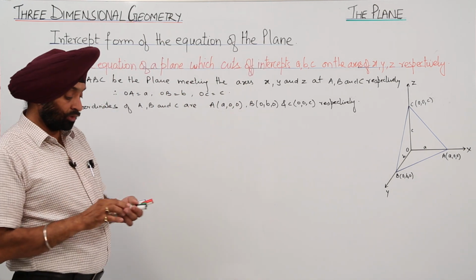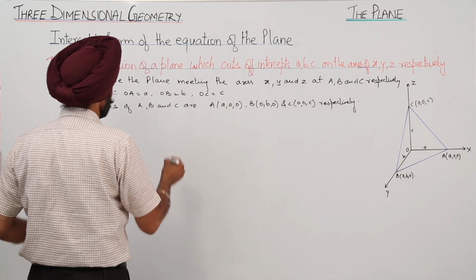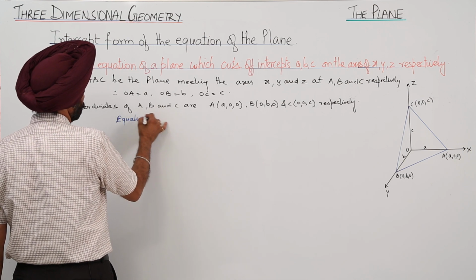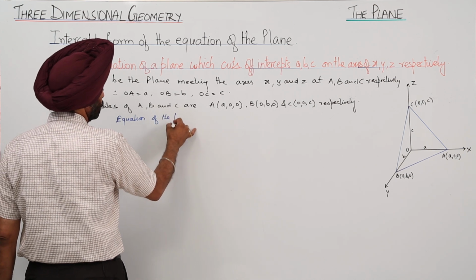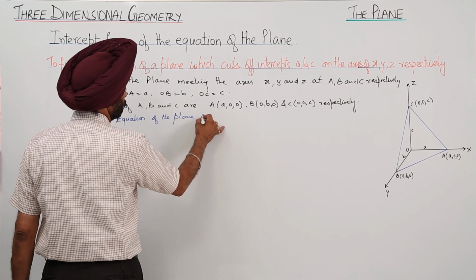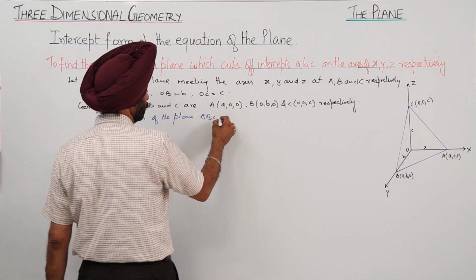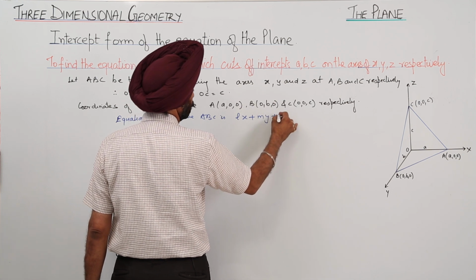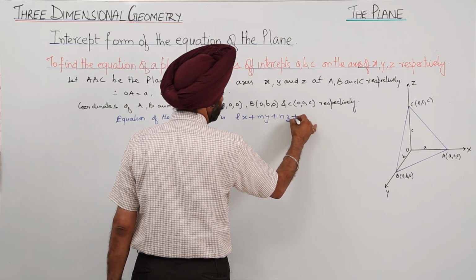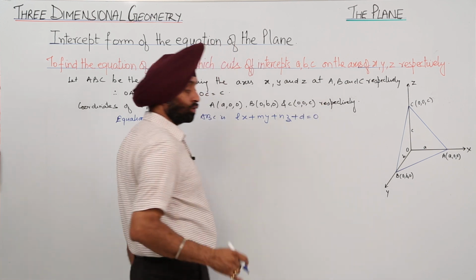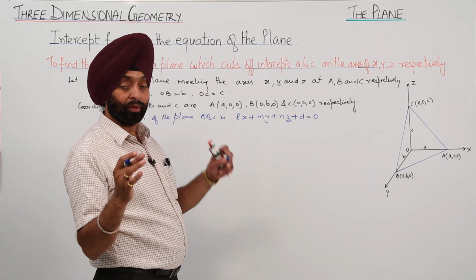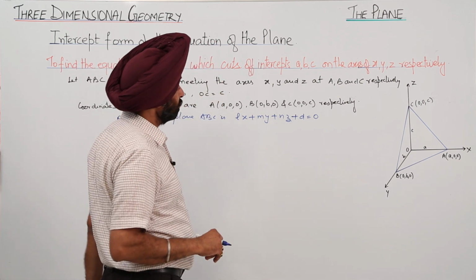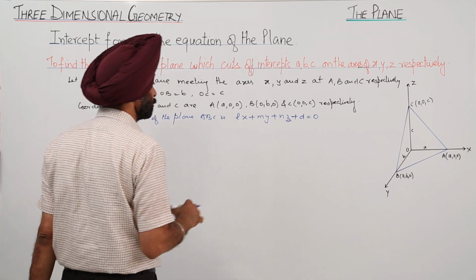Now, what is the equation of the plane in the Cartesian form? The equation of the plane ABC is Lx plus My plus Nz plus D is equal to 0, or you can write it is equal to D also, because distance cannot be negative.